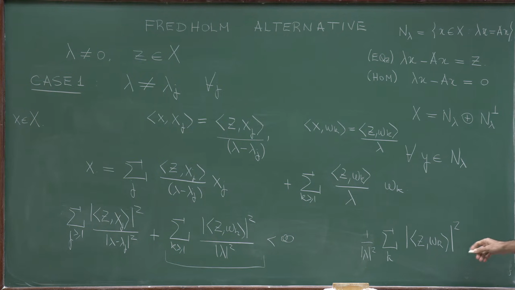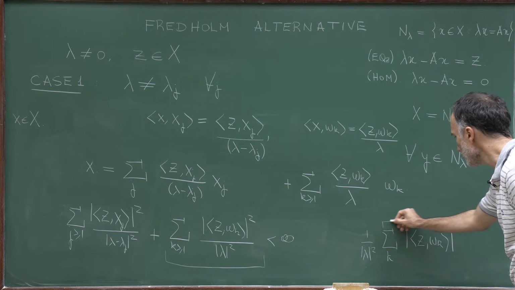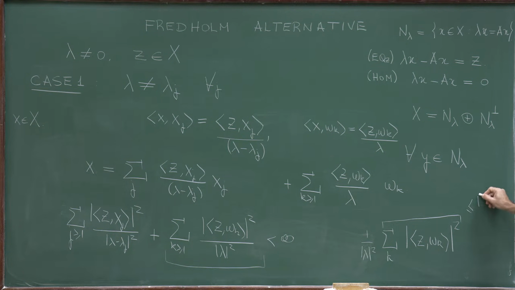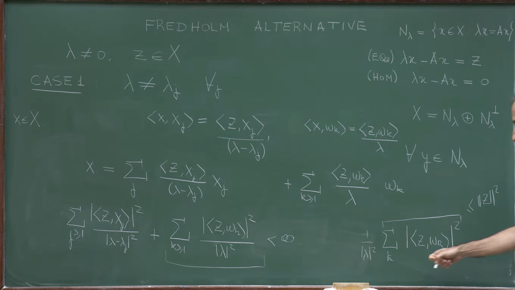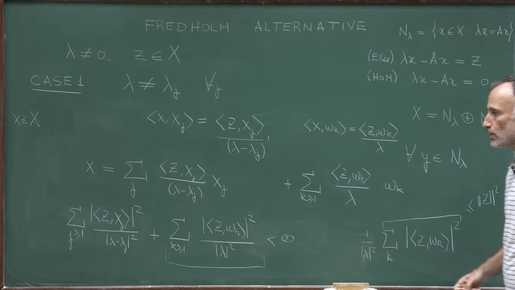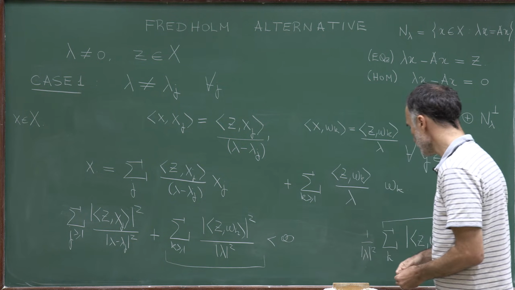And this is always finite because this sum is bounded by the Bessel inequality by the square of the norm of z, and λ is different from 0. So the second sum is clearly finite.